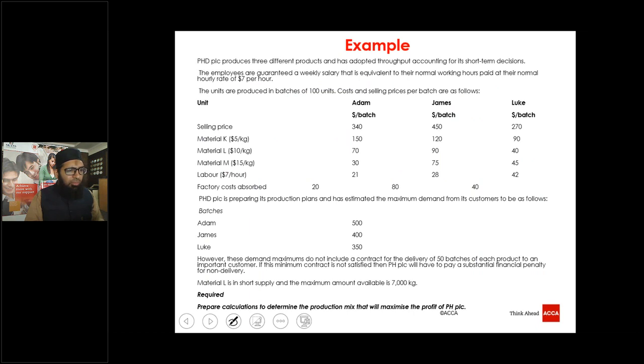Now let's see the example of a multiple product. So please read this example.